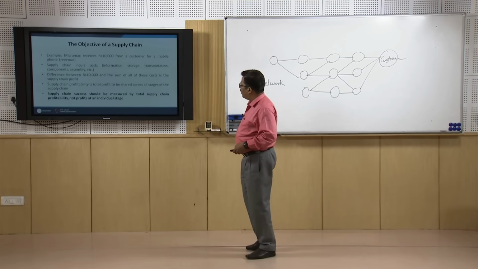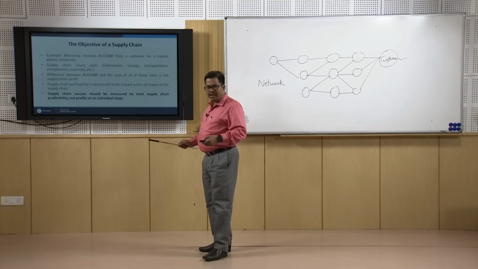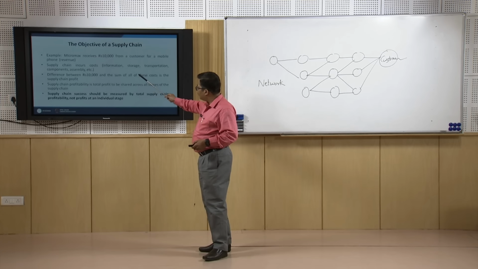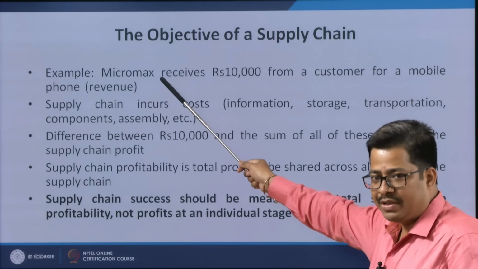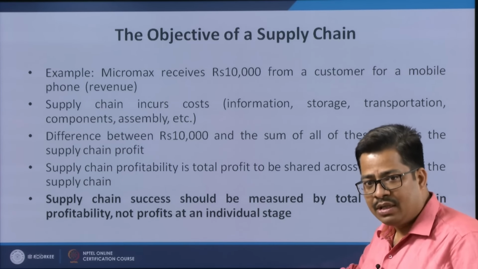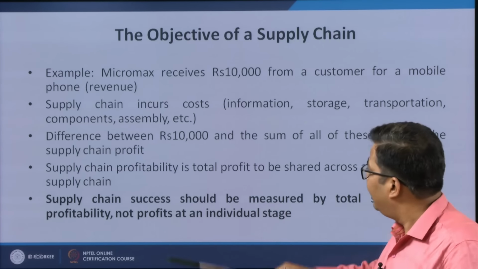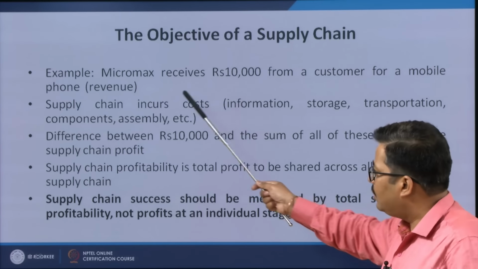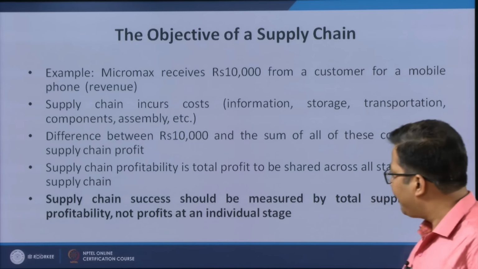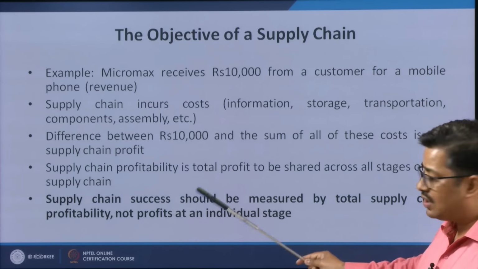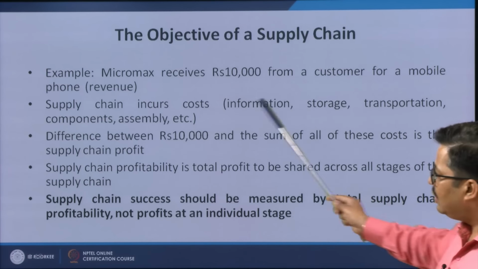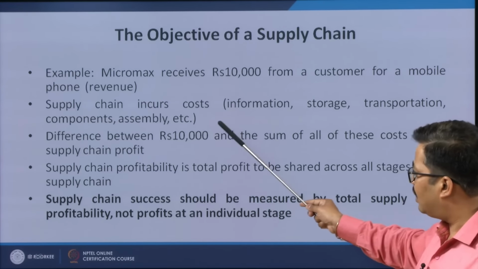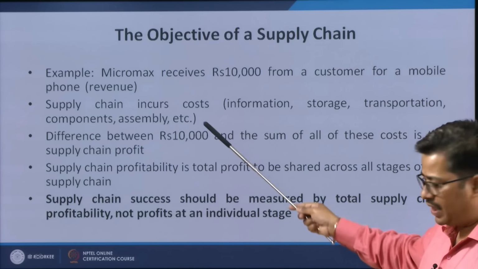For example, this slide shows that if I purchase a Micromax mobile phone at a price of rupees 10,000, this is the revenue of the supply chain. The supply chain incurs costs in getting information, storage, transportation, components, assembly, etc. All that is the cost of the supply chain.